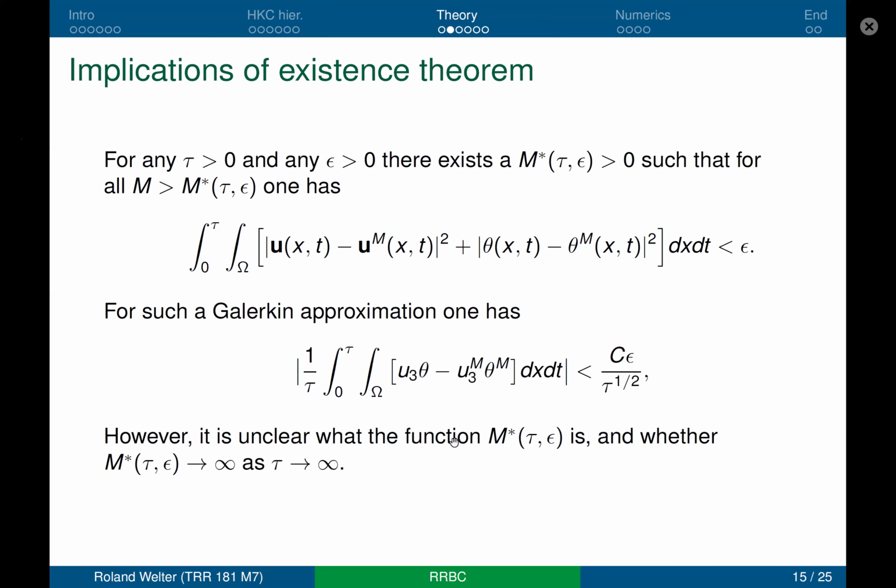But this existence theorem doesn't actually say what M star is, so it's not really useful for computations, because it just says that eventually, if you choose a high enough model, you'll have a good approximation, but doesn't say how large it should be.